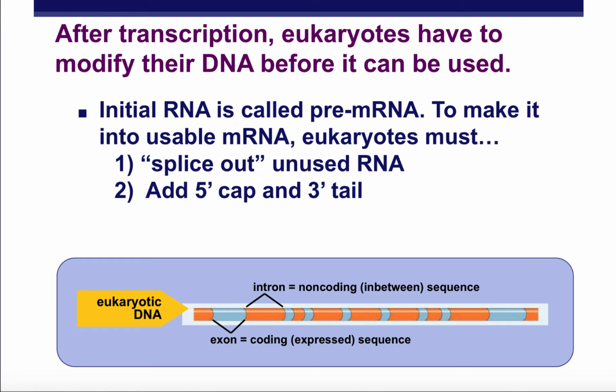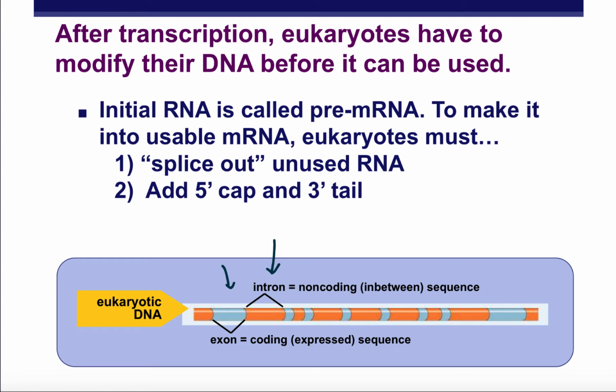So in eukaryotes, the RNA that is made, the pre-mRNA, is not fully usable RNA, because the DNA sequence itself has different regions where some of it is actually used DNA called exons, and some of it is what we call junk or unexpressed DNA called introns.